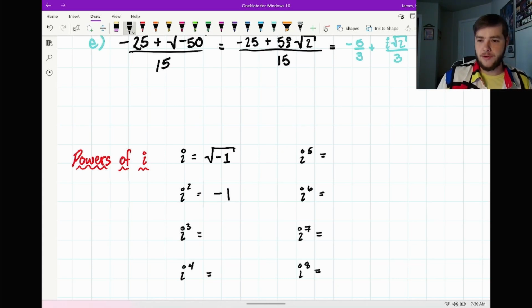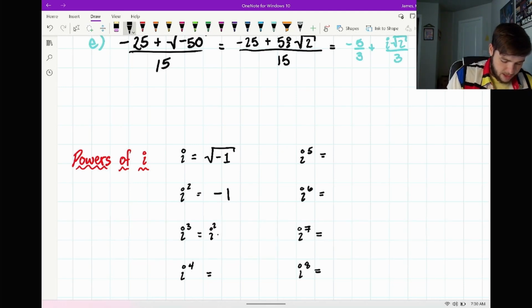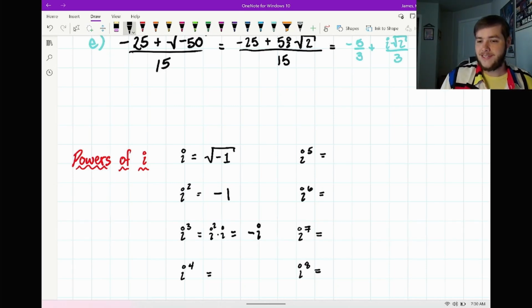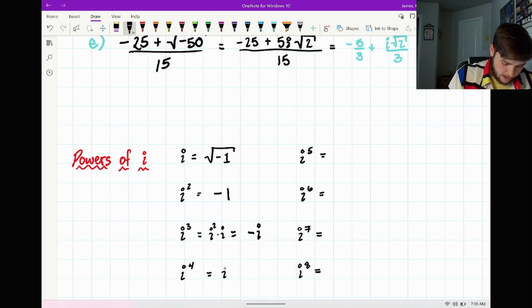So how about i cubed? Well, i cubed is just i squared times i, so it's negative i. And similarly, i to the fourth we could write as i squared times i squared, or negative 1 times negative 1, is positive 1.